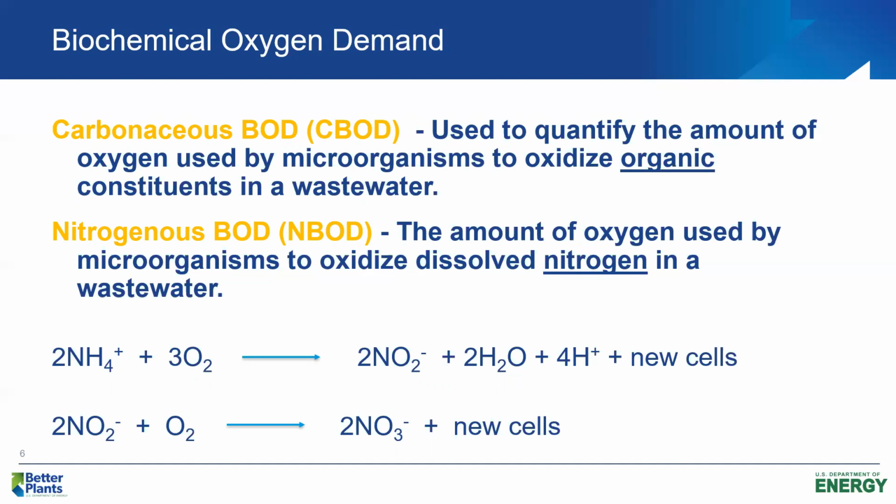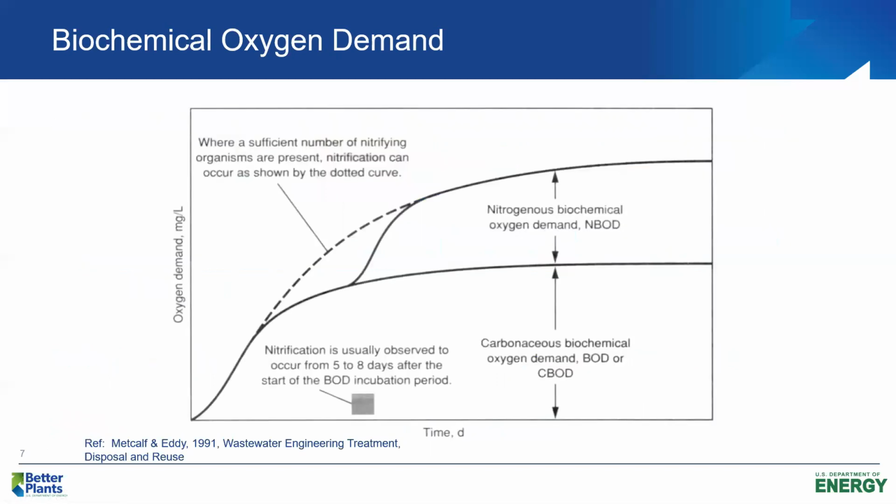Ammonia is first oxidized to nitrite, NO2 nitrogen. And in the second equation, the nitrite is oxidized to NO3 nitrogen. And so this represents the nitrification reaction that exerts significant oxygen demand, but it may or may not show up in the BOD test. Let's look at another illustration here to help you understand this.